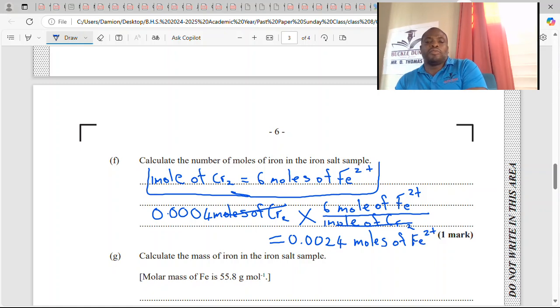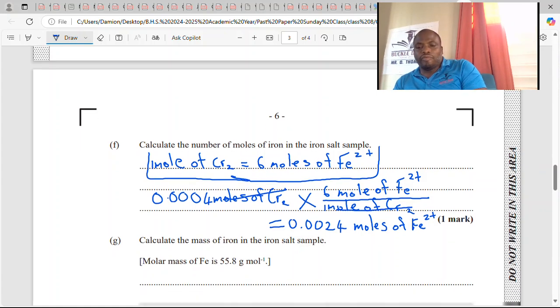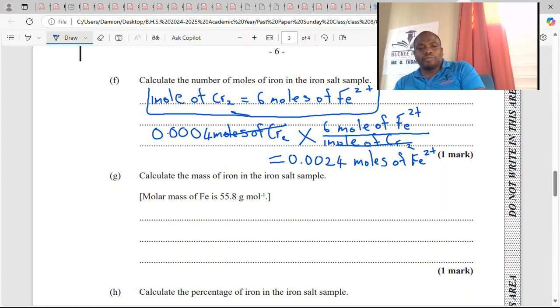So again, follow-up question. Each part of the question requires you to utilize information from the previous parts. They say calculate the mass of iron in the iron salt sample.